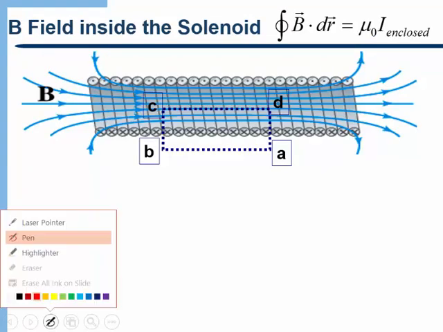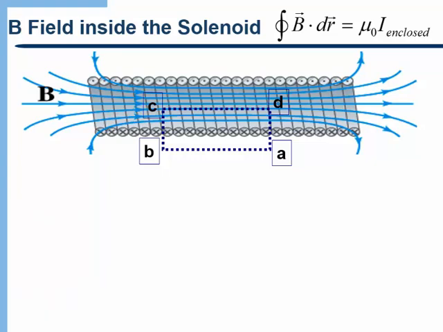All right, so now we are going to use Ampere's law to figure out the magnetic field inside the solenoid. And what I'm going to do is figure out the left-hand side here first. I'm going to do that by breaking down the path that I've chosen into 4 pieces.